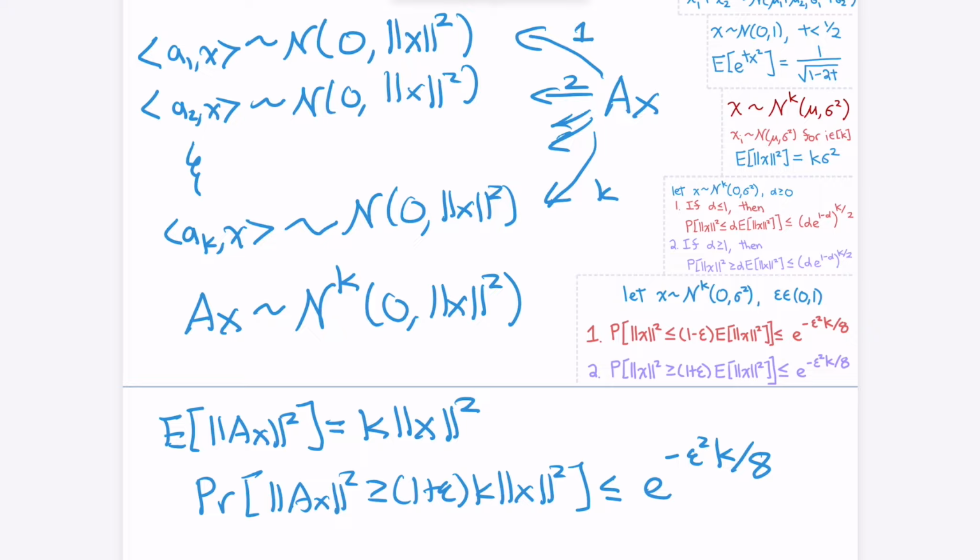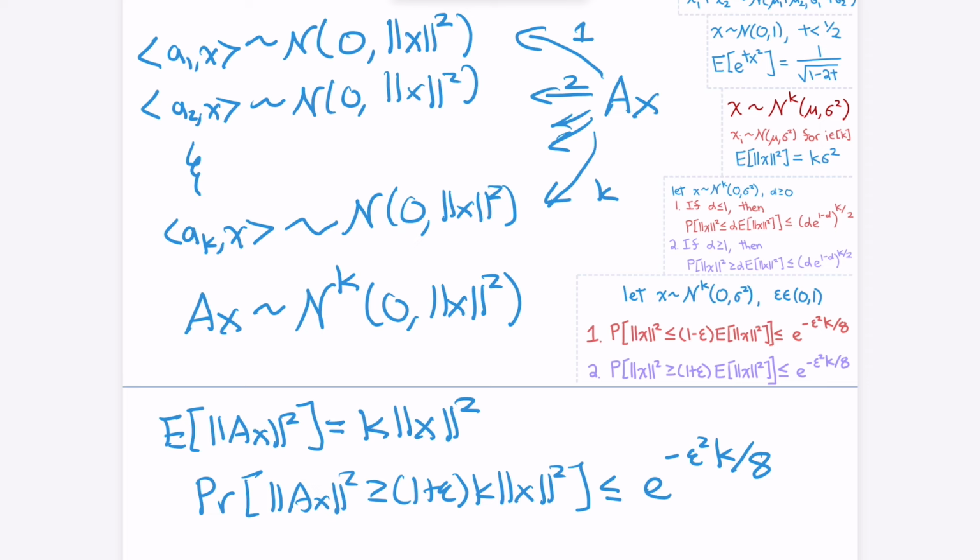So basically Ax is just a random Gaussian vector, and you already know everything there is to know about a Gaussian random vector. If you're trying to get 1 plus error, as soon as you start making k bigger than 1 over epsilon squared, it's practically guaranteed.